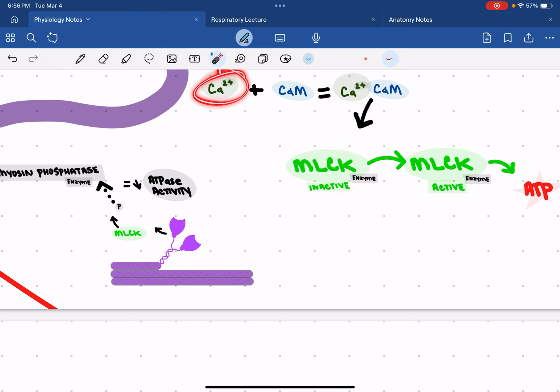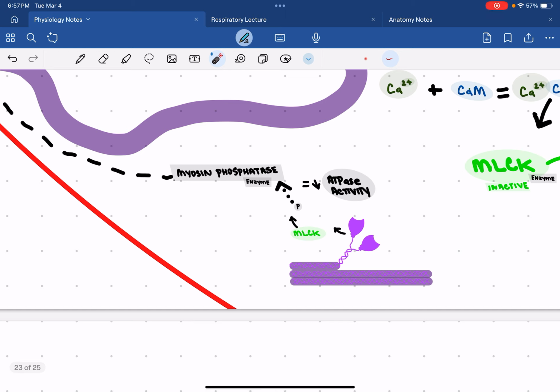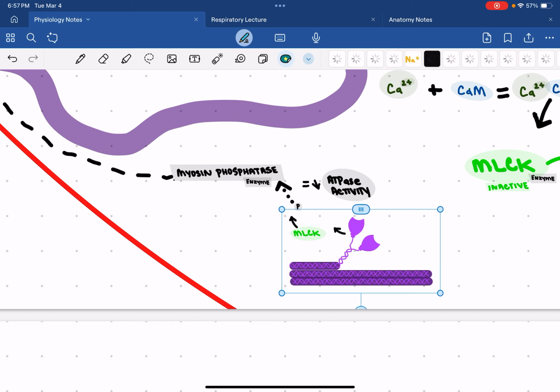But we took calcium out of the situation, right? So now we go from an active myosin light chain kinase into an inactive myosin light chain kinase. This isn't happening anymore. Inorganic phosphates aren't being placed right here anymore. Now, this process is what's dominating.